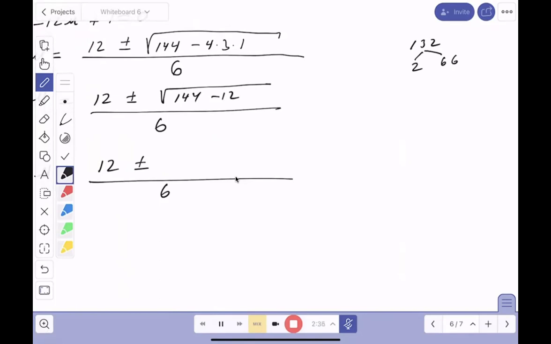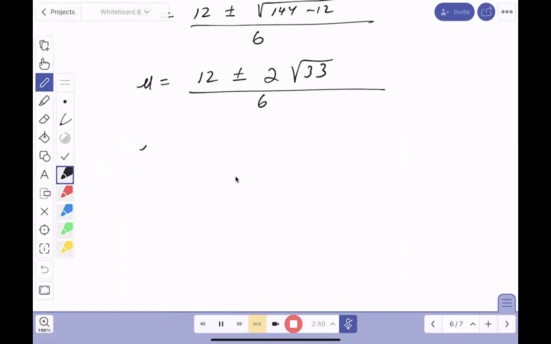So why do you do that? I want to make it simpler for me. 2 times 66 is 132. And 2 times 33. So what do I know? This is 2 root 33 now. I'm going to reduce it. u equals 6 plus or minus the root of 33 over, I'm dividing by 2, right? 3.